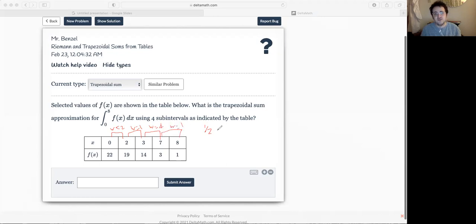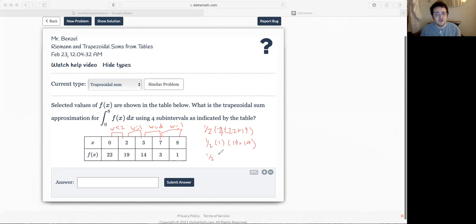So my first trapezoid is going to be 1/2 times 2, and I'm just going to use the 22 plus 19. And then I'm going to do my second trapezoid. So that's going to be 1/2 times 1, and that's going to be 19 plus 14.